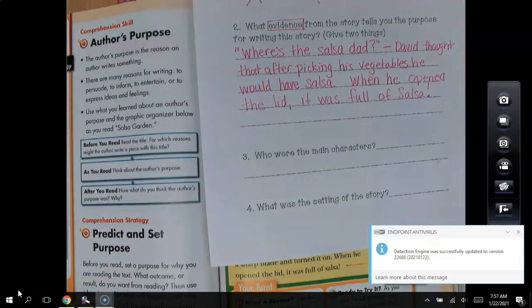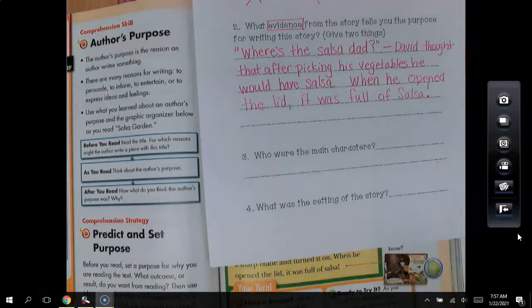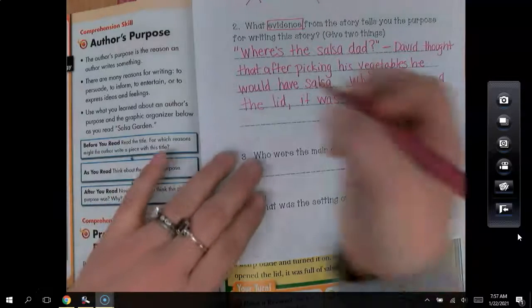And I want to say why I chose that. I chose that because the son is showing how he is excited about how he learned to make salsa.